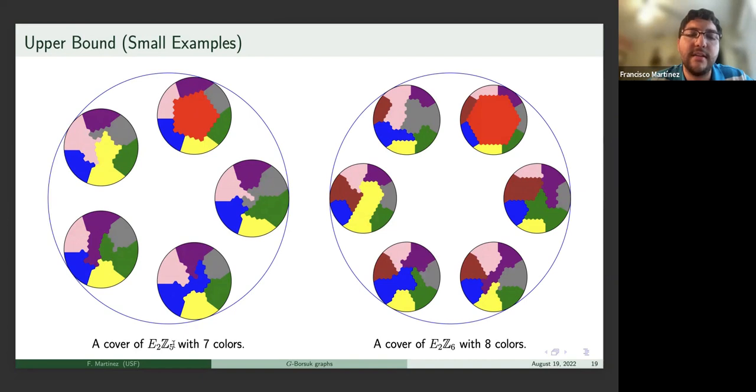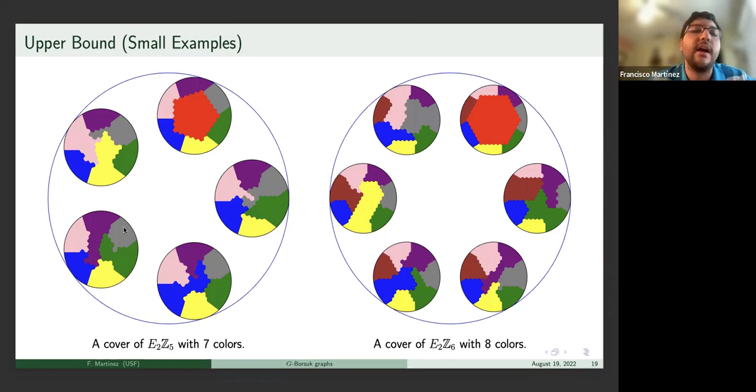So here I have a classifying space E2, dimension 2, of C5. And what I'm doing is giving it a 7 coloring, which is exactly 5 plus 2. And this is a proper coloring of that space. So the way in which you would understand this space is that all of these circles, you should think of them as identified by the boundary.